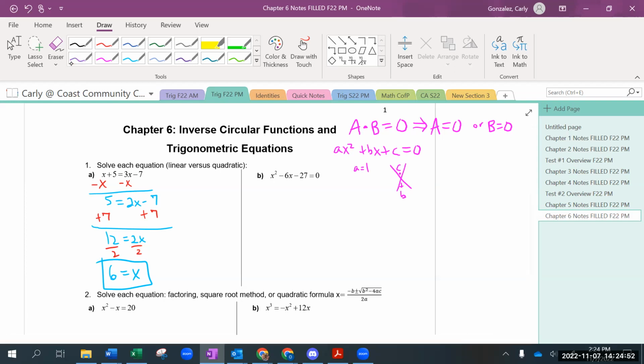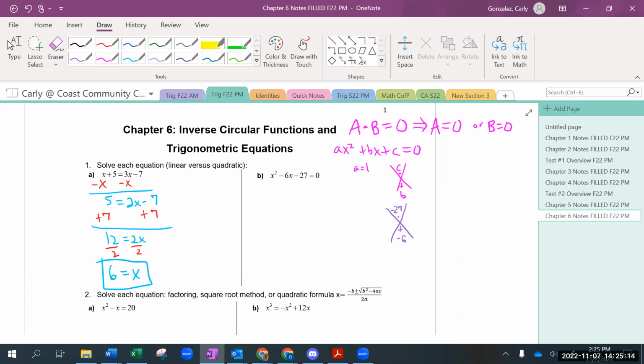So in this situation, we can see what two numbers multiply to negative 27 and add to negative 6. And so we go through different things that multiply to negative 27. 1 and 27 might work, but those will not add or subtract to negative 6.